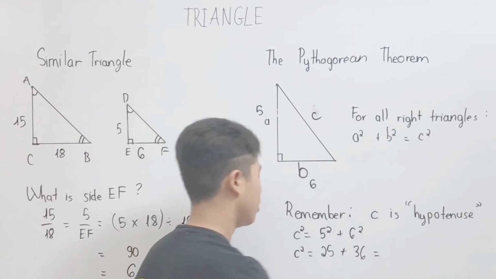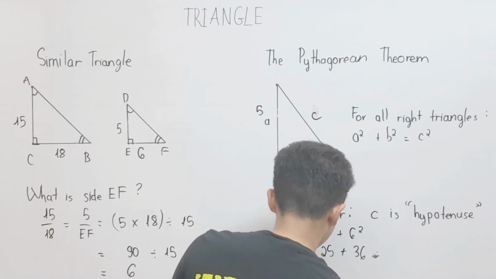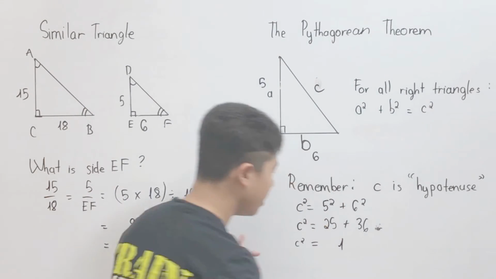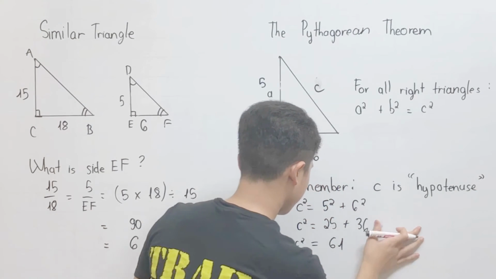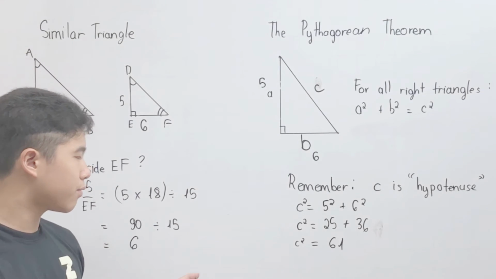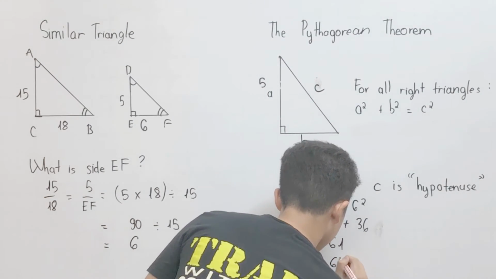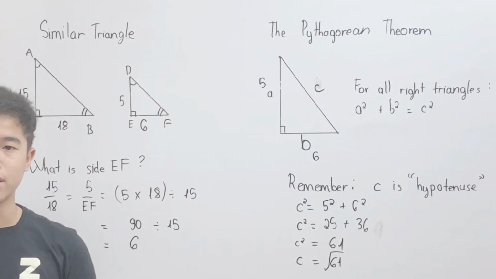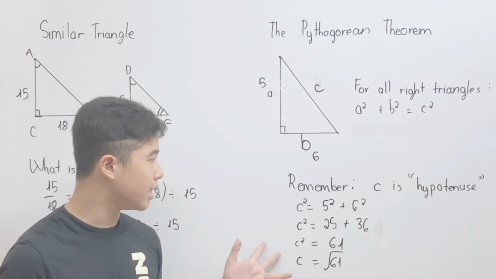Equal to, let me write the equal right here, 5 plus 6 is equal to 11, 2 plus 3 equal to 5, and then equal to 61. And then, if you want to find C, just take the square root of 61 and put it right here. So this is the answer of C. A little bit easy.